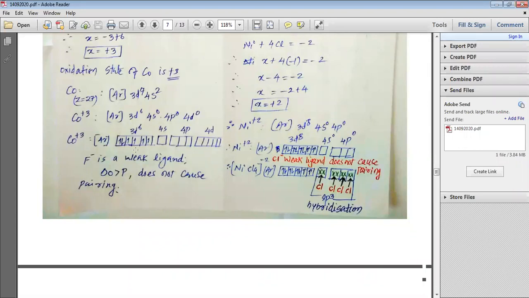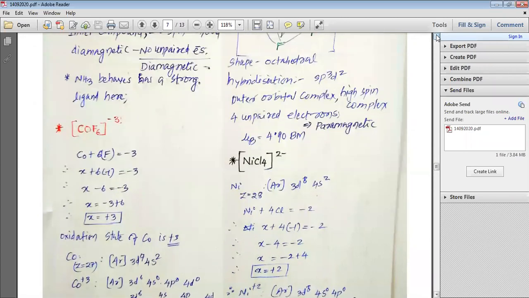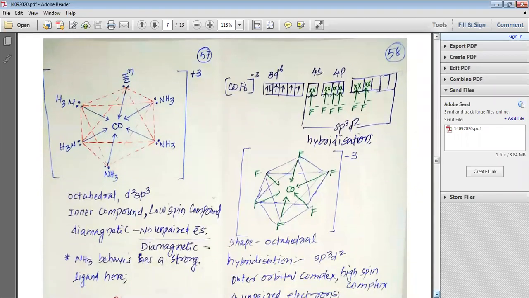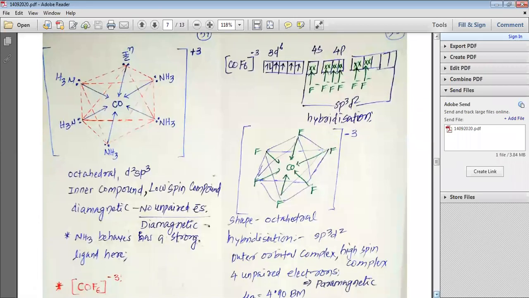Here fluorine is a weak ligand and does not cause pairing, so all the electrons present in 3d remain the same: one pair, whereas four unpaired electrons are present in 3d. Then the 4s, 4p and 4d orbitals undergo hybridization. One 4s, three 4p and two 4d collectively make sp3d2 hybridization, and this is the outer complex where the 4s, 4p and 4d orbitals have been used.